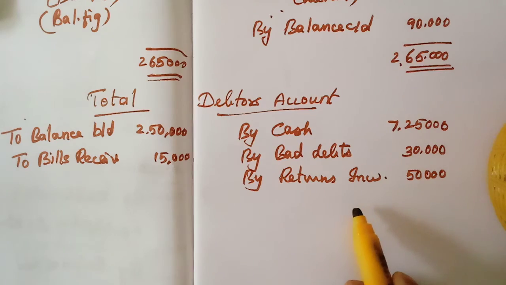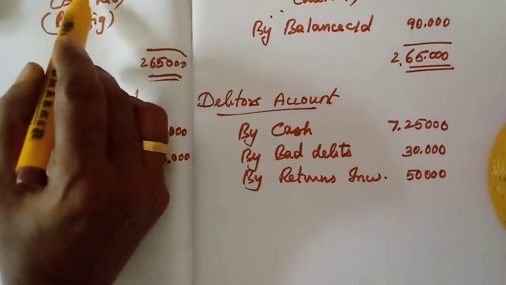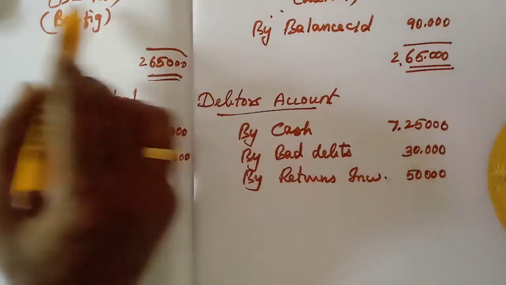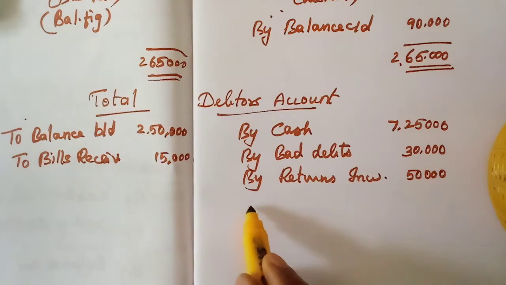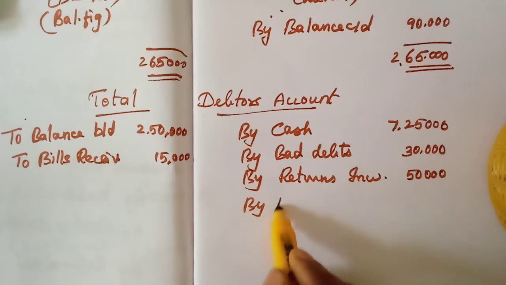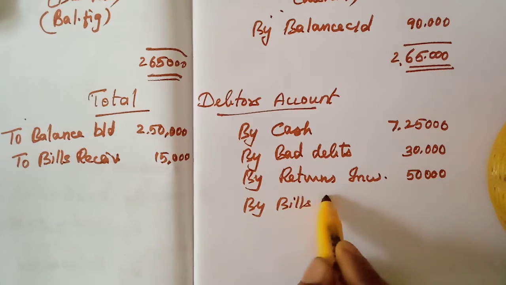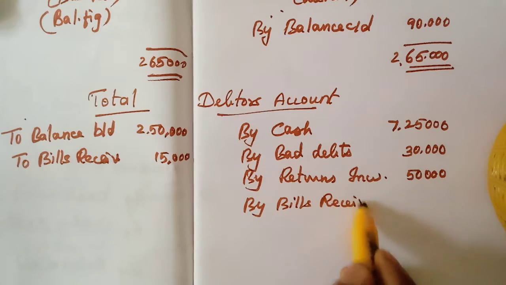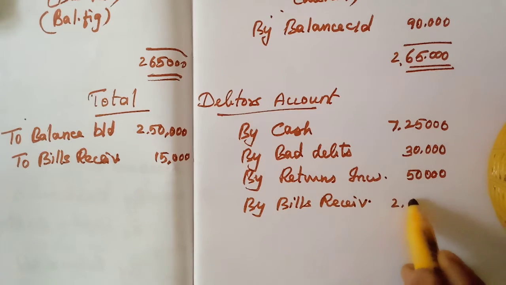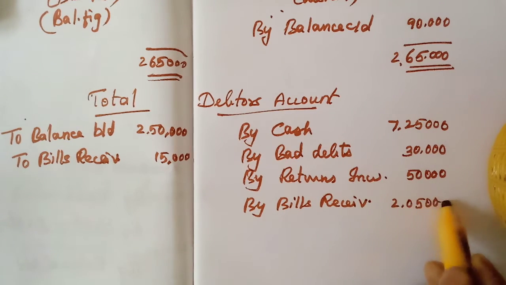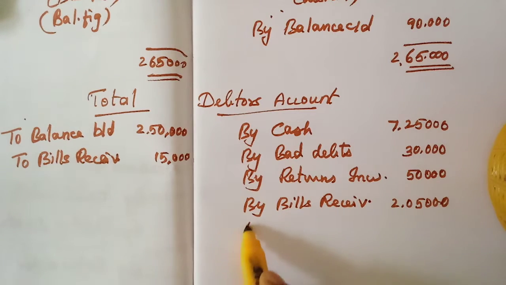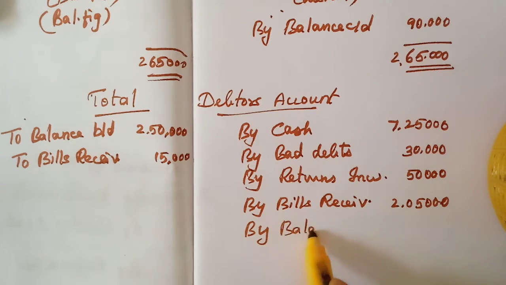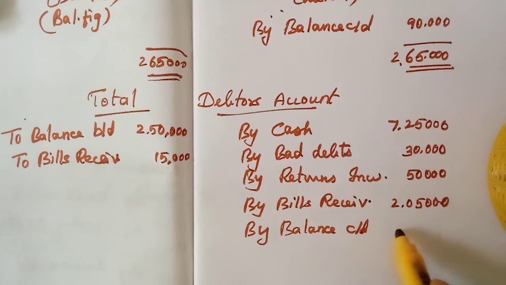Then we are going to write the closing. Before that we will write this one. This data we have written. Here by bills receivable 2,05,000. Now closing by balance carry down, debtors 2,40,000.